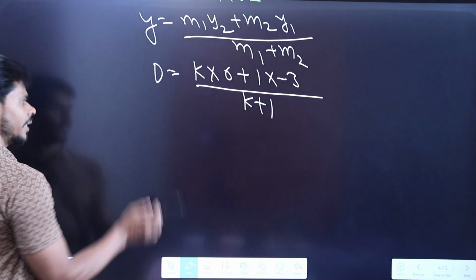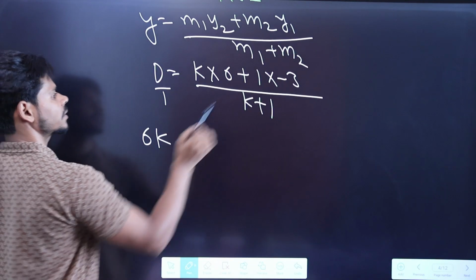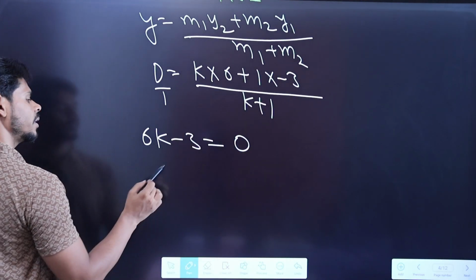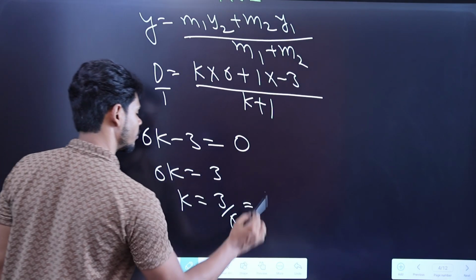Now you can cross multiply, so it will become 6k minus 3 is equal to 0. From here you can easily find the value of k, which is 3 by 6, which is nothing but 1:2.